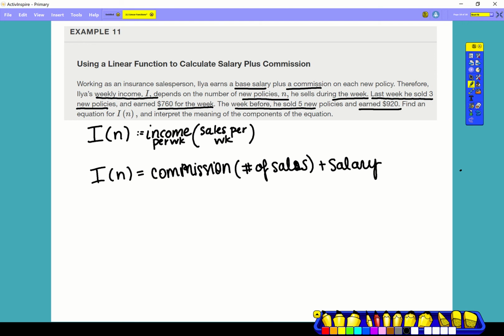It's like fixed costs when we were doing our cost function. So I have 2 points. So they gave me last week, which was 3 new policies, and he made 760. And then the week before that, he sold 5 policies and made 920. So we are going to, I'll take the bigger numbers.